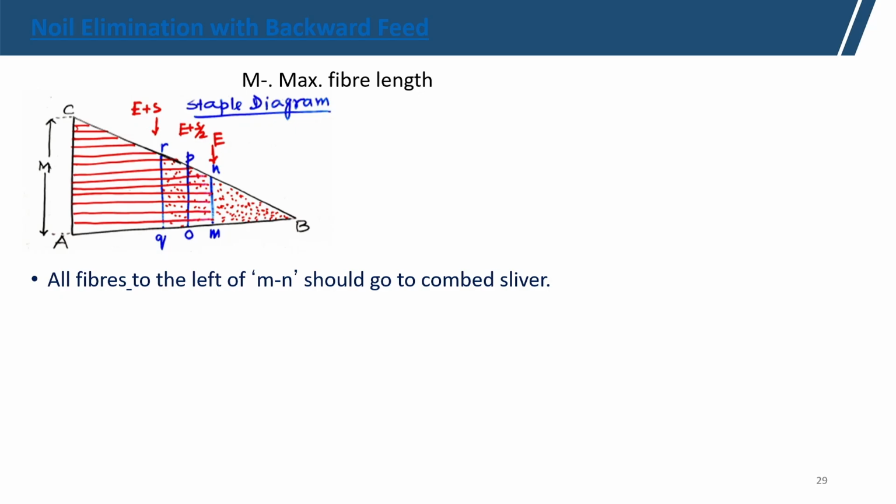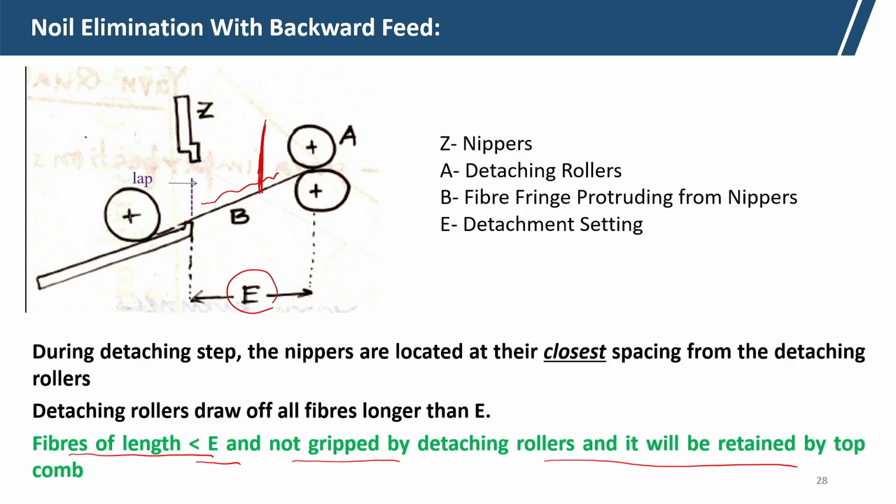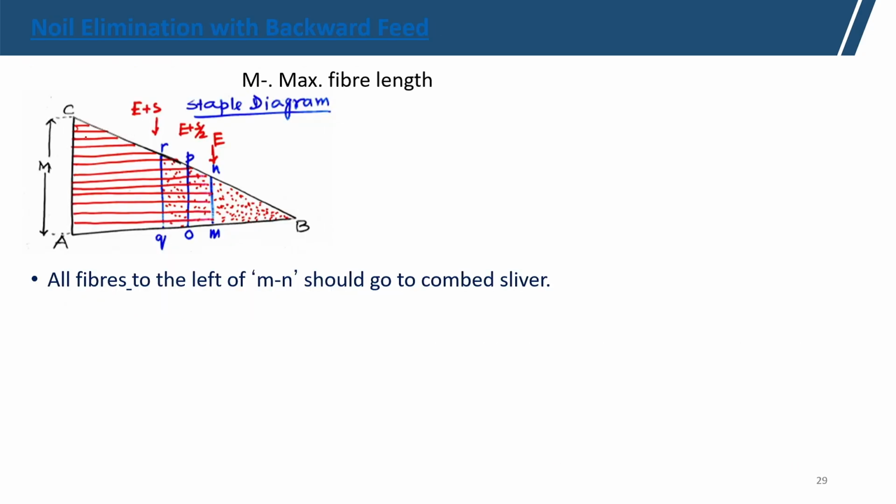Now, the staple diagram is here, where M is the maximum fiber length AC. E is the length Mn.